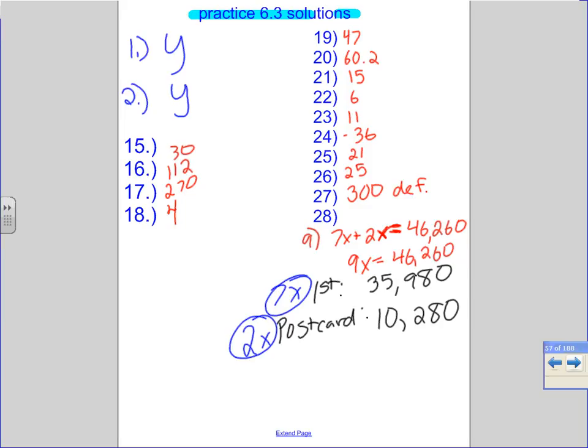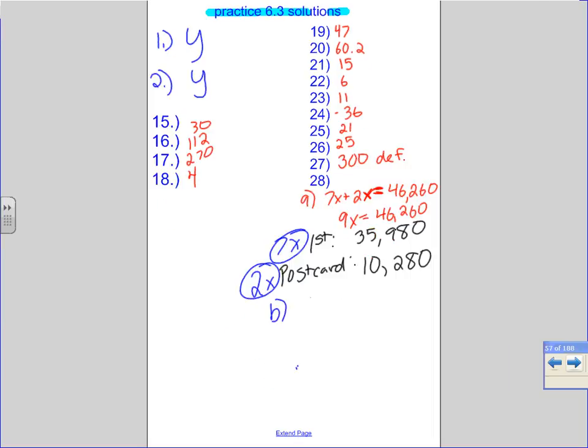Okay. Part B. What did we get for part B? I'll let someone else answer that. Emma H., what'd you get? Awesome. Good job. You can simplify it.